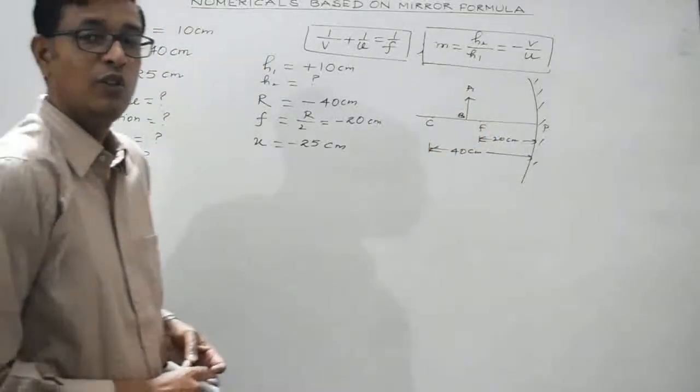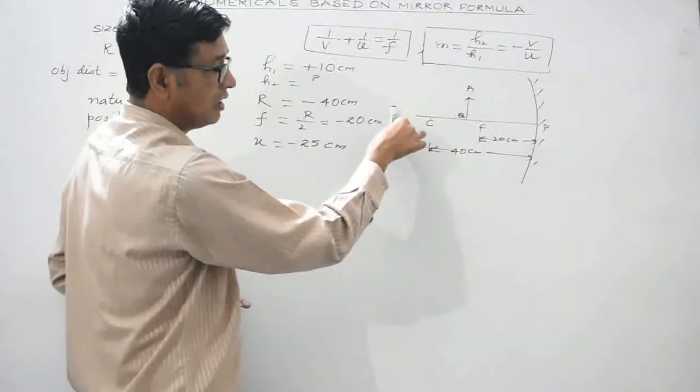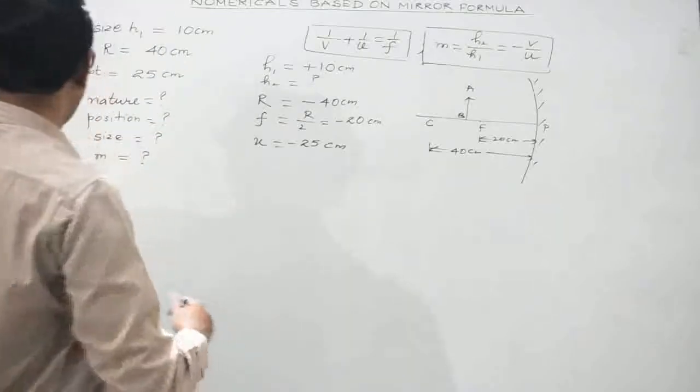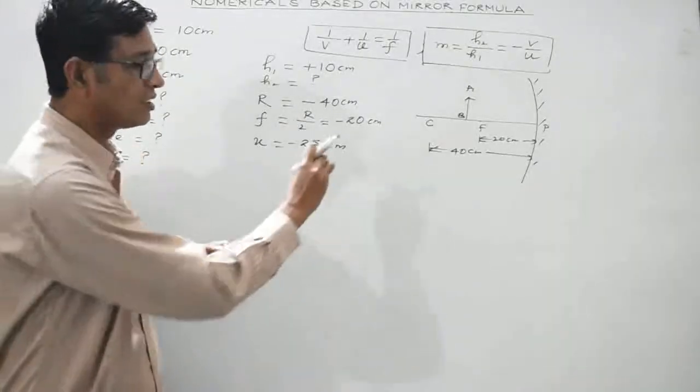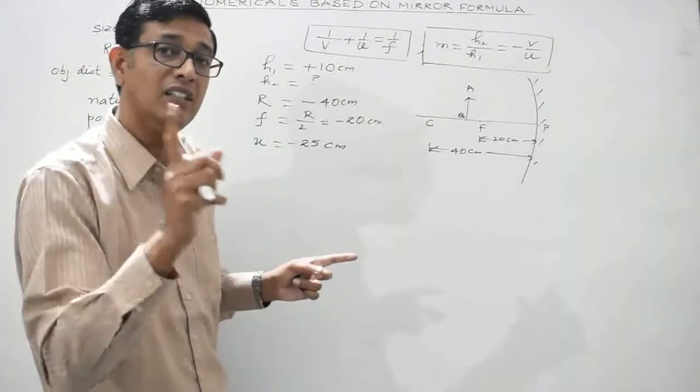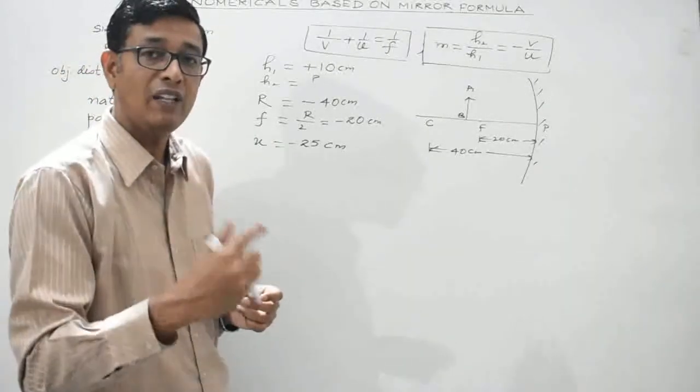So we are aware, when the object is placed between F and C, then what happens? Its enlarged inverted image is formed beyond C. So the nature of the image can be easily predicted without doing a single step. What will be the nature of the image? It will be real and inverted. It will be magnified.